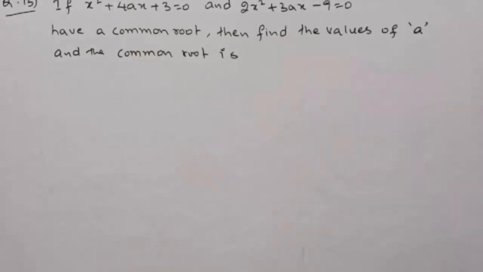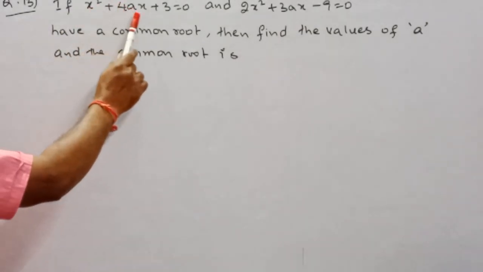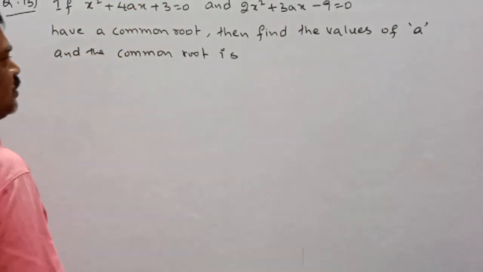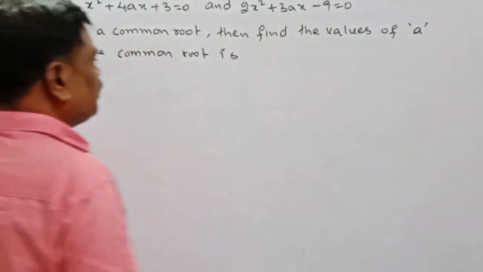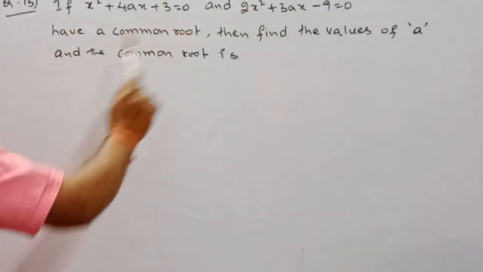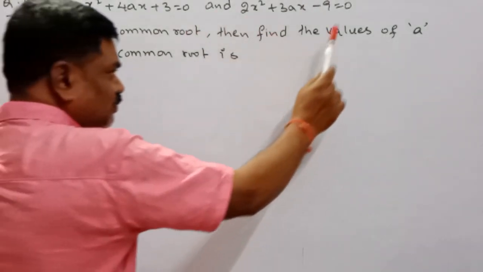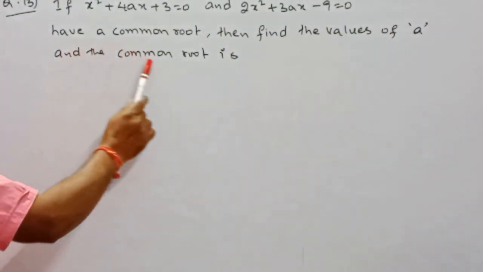Dear viewers, we have one more problem from quadratic equations. If x square plus 4x plus 3 equal to 0 and 2x square plus 3ax minus 9 equal to 0 have a common root, then find the value of a and the common root.